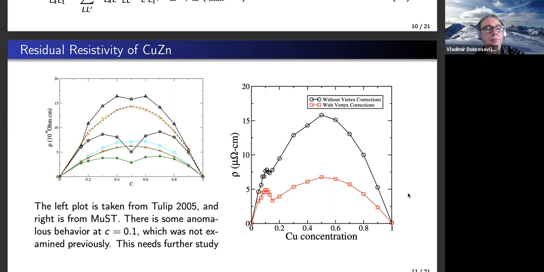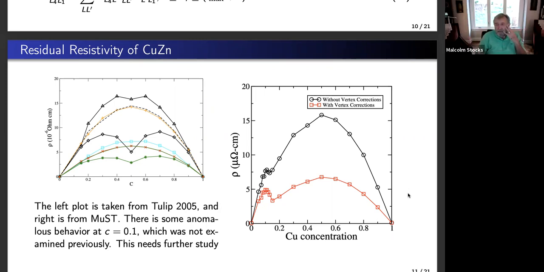So this is the regime where you're operating, as Vishnu said, with things like copper-zinc and silver-palladium. When you get mostly silver, the Fermi energy is in the sp bands, and that makes about a factor of 2 or so difference in the resistivity, whether you put in the vertex corrections or not.